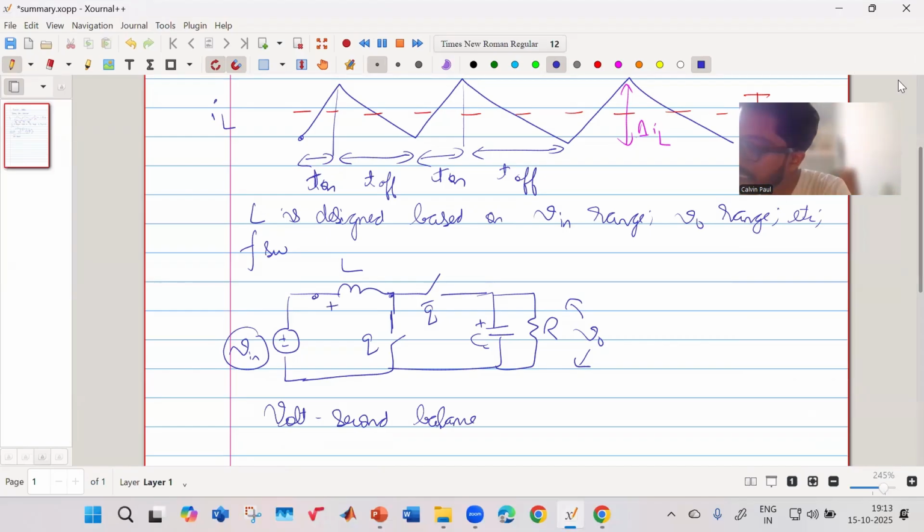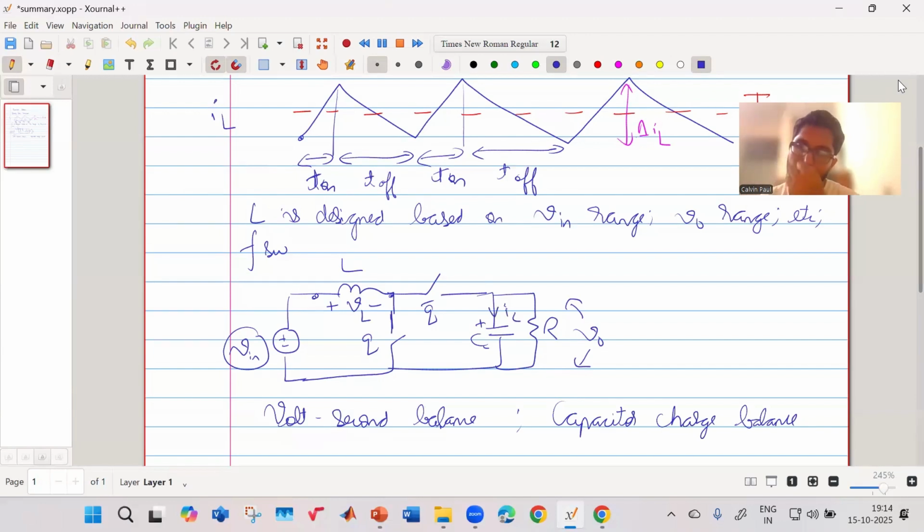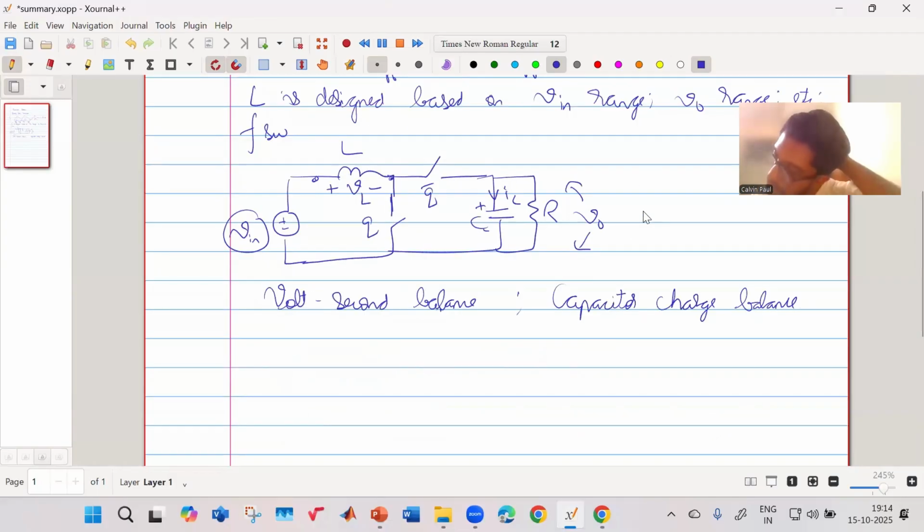Volt second balance you do for the inductor. That is, the voltage applied across the inductor in one switching period, the average voltage, is zero. Similarly, you have your capacitor charge balance. That is, the average charge or the average current flowing through your capacitor in steady state for a switching period is zero. These are certain concepts which you need to remember and keep in mind.